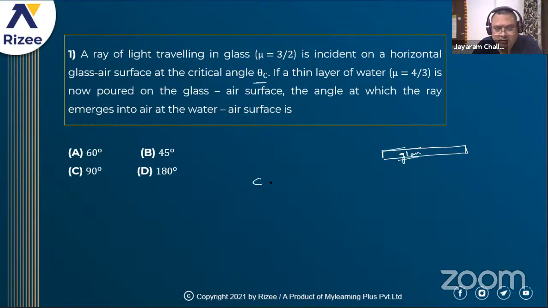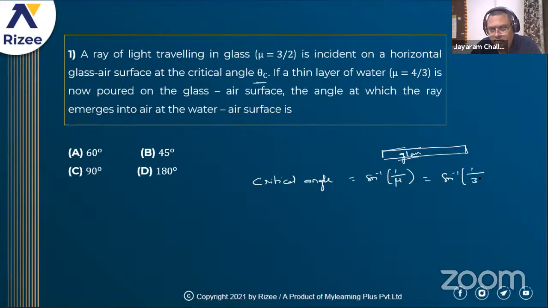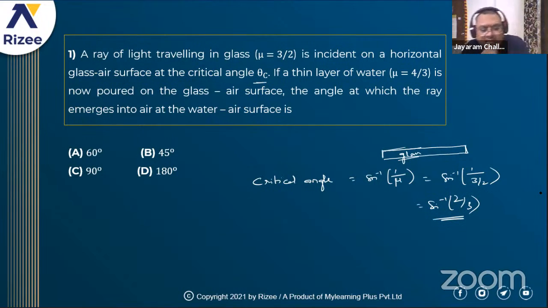So the critical angle is equal to sine inverse of 1 by mu, the relative refractive index. More precisely, mu is 3 by 2, so 1 by mu is 2 by 3, and the critical angle is sine inverse of 2 by 3. So this is the critical angle of the glass interface.